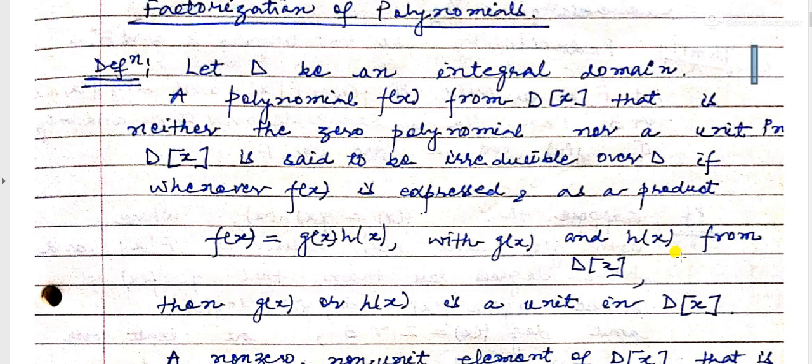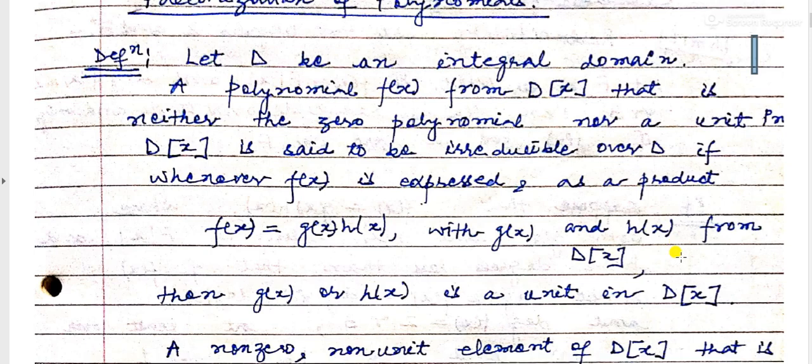So f(x) is factorized in a trivial way, then it is irreducible. Irreducible means that it can be factored only in the trivial way. So either g(x) or h(x) is a unit. If this is so, then we say that f(x) is irreducible, and if it does not happen, then we say that f(x) is reducible. If none of g(x) and h(x) is a unit, then we say that f(x) is reducible.